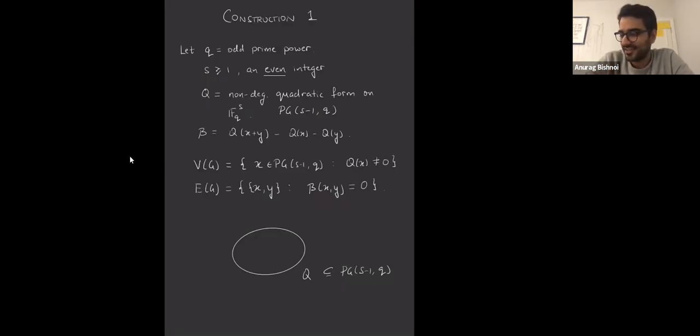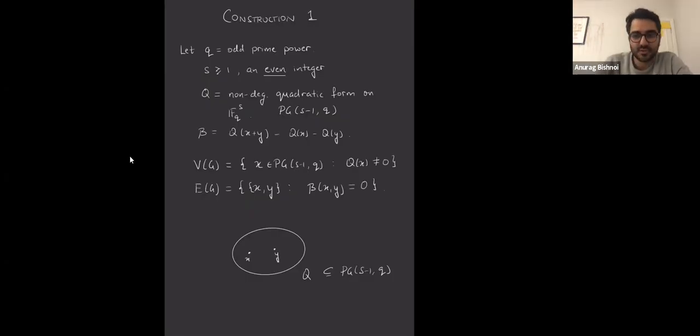These are the non-isotropic or non-singular points. So this is indeed the non-singular points. In fact, when we were looking at quadratic forms and quadrics in the previous two lectures, the graph that we were interested in was the collinearity graph of the polar space. And that is just taking points inside the quadric.